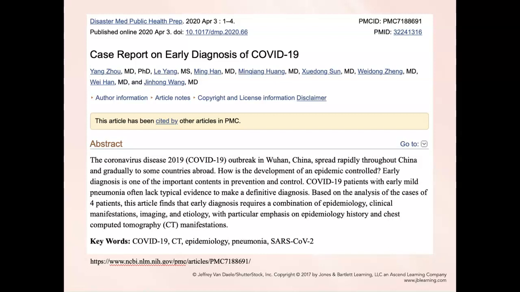They describe the patients and talk about how the diagnosis was made, in order to help clinicians in the future understand this small collection of people and use this information to diagnose patients later on.